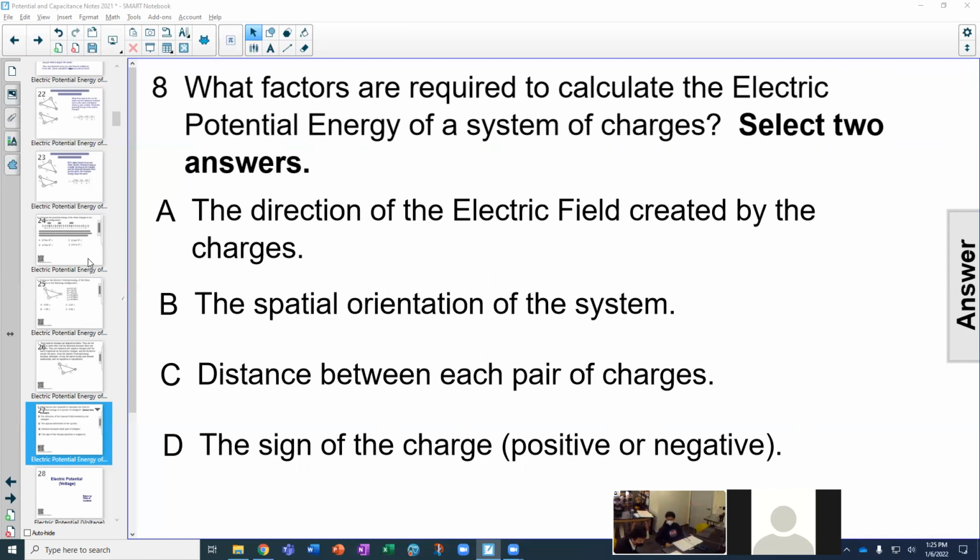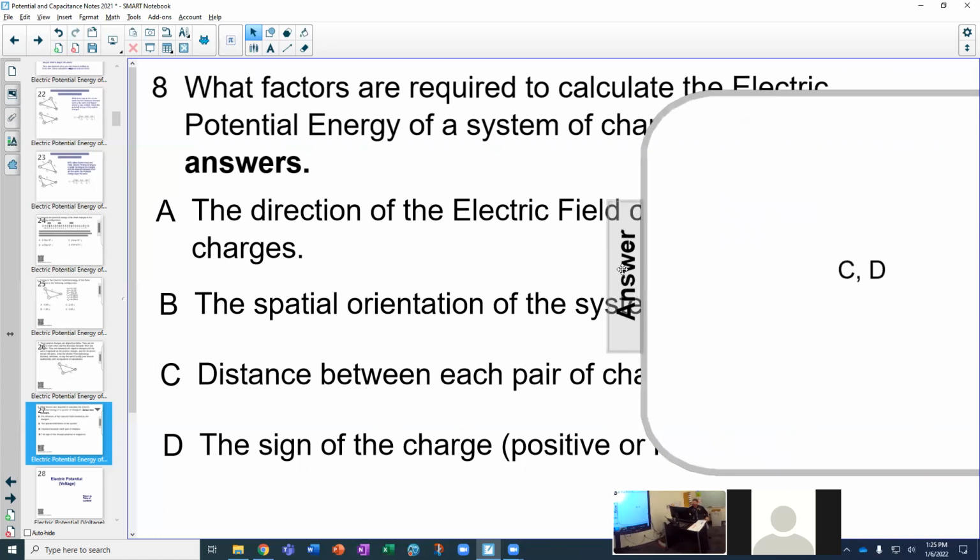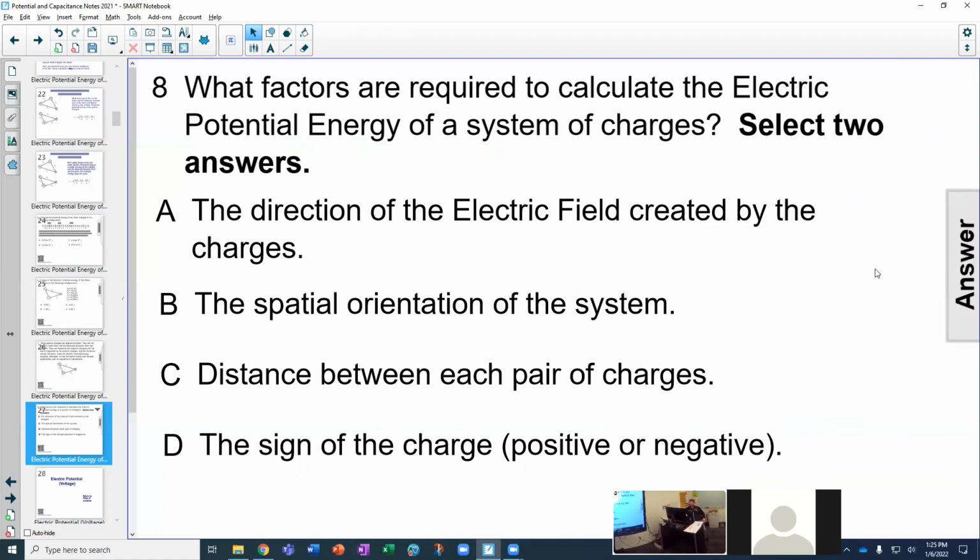Got a couple votes for C and D on the chat. How about you guys here in the room? What do you think? Do you agree with C and D? I see some hand signals going up for C and D. And so we all agree, C and D, the distance and the sign of the charge are what we need to know.